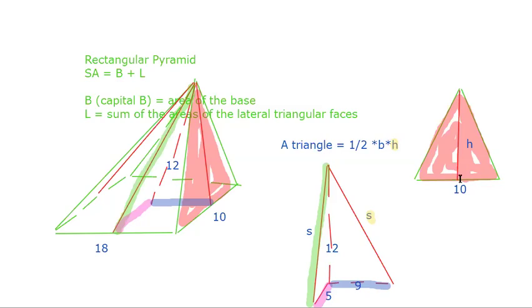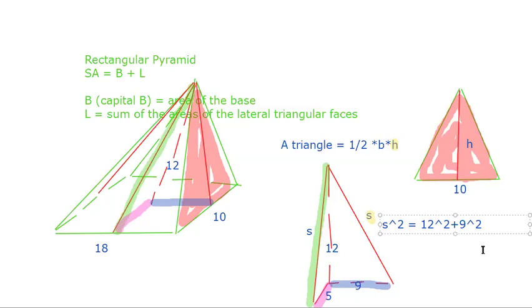So we just need to find 2 of these. Let's do c squared equals a squared plus b squared to find our first slant height. So that's the hypotenuse. So s squared equals 12 squared plus 9 squared. And you have to end up taking the square roots.